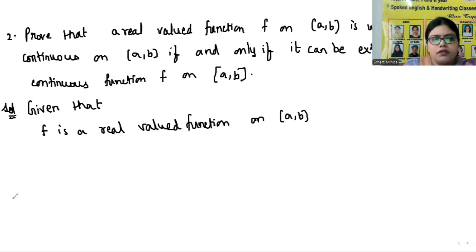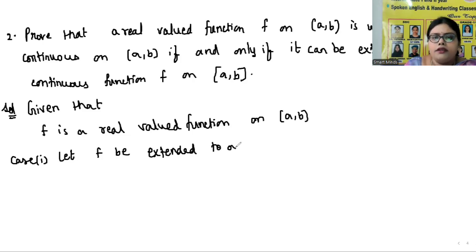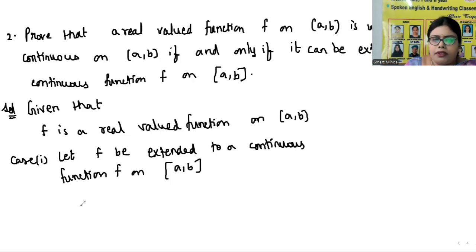Okay. So now here we have two cases. Case 1 is let f be extended to a continuous function f bar on closed interval [a, b]. Since f bar is, let's take f bar here.